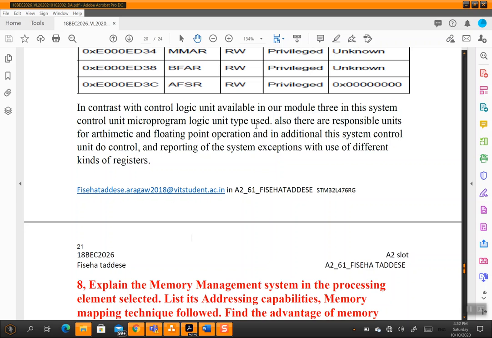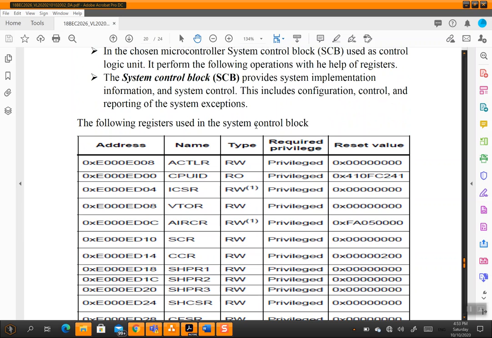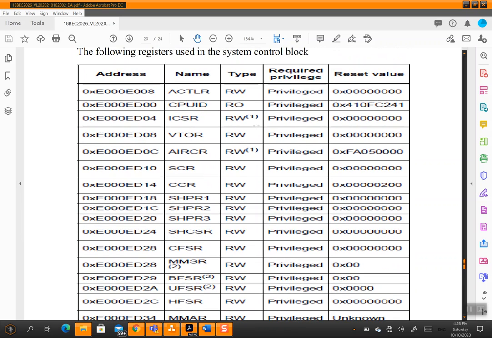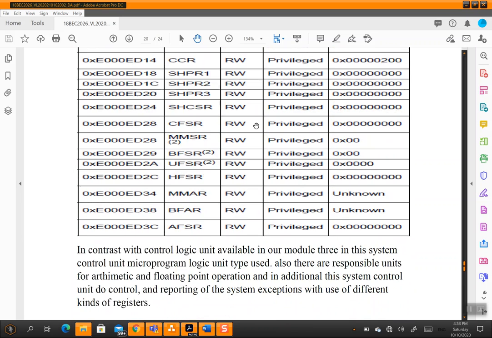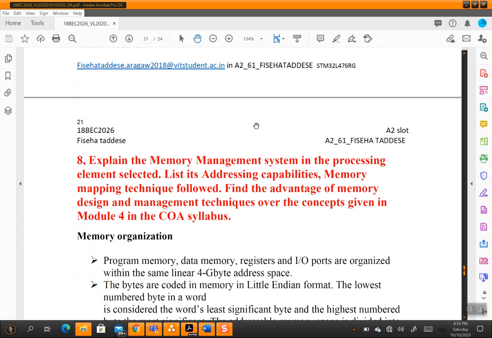In my selected microcontroller, a microprogramming logic unit is used, and there is also a unit responsible for arithmetic and floating point operations. In addition, this system control unit controls and reports the system exceptions with the use of different kinds of registers. I already showed you which registers this system control block uses, and these registers have their own uses for operating as a logic control unit.